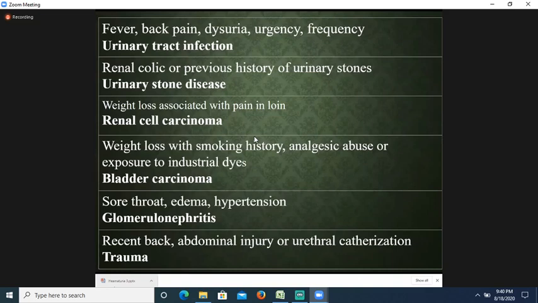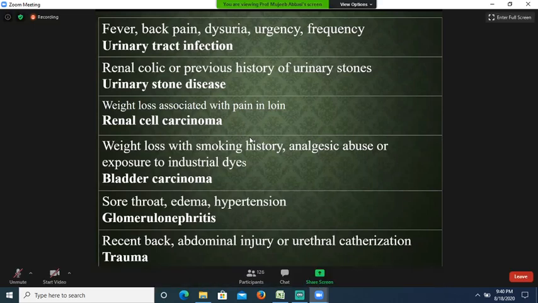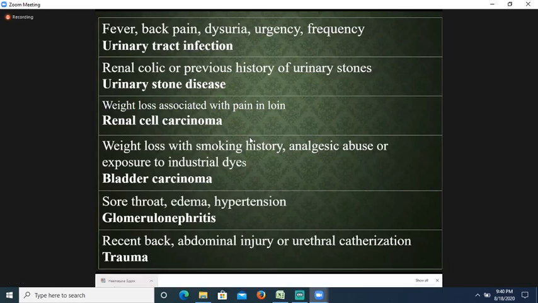Somebody who, when you inquire, gives you a history of weight loss associated with loin pain, then a sinister thing is sitting there, which is most likely renal cell carcinoma.